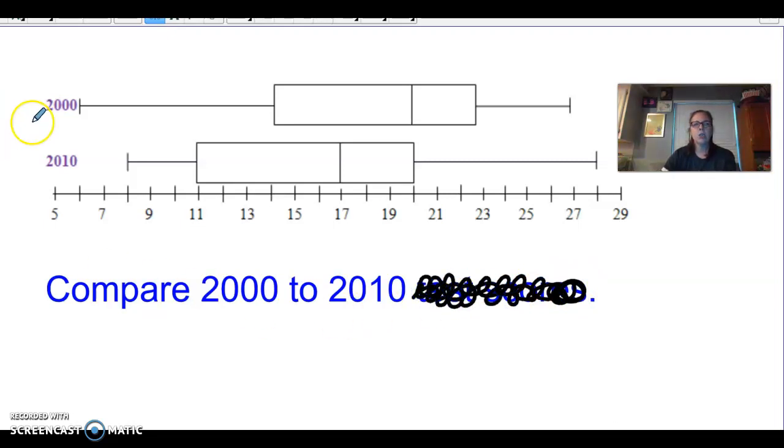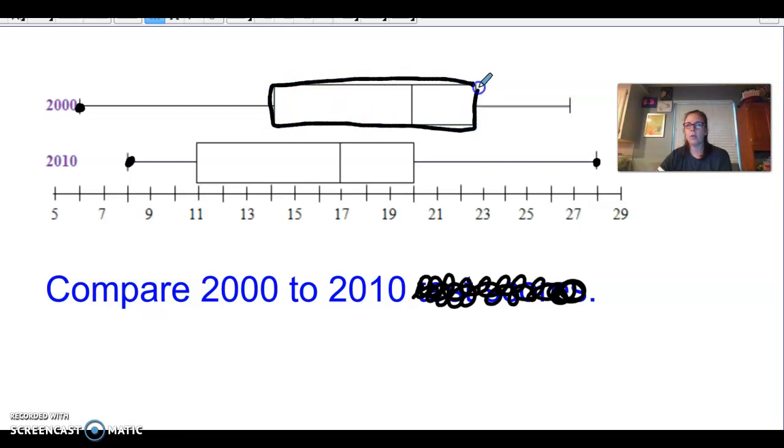So when you look at this, there's a few things we can talk about. 2000 had a lower smallest number than 2010. 2010 had a bigger number, so it looks like these scores may be a little better, but not necessarily, because look, this is half the scores right here, and it's a little bit farther to the right than this half.